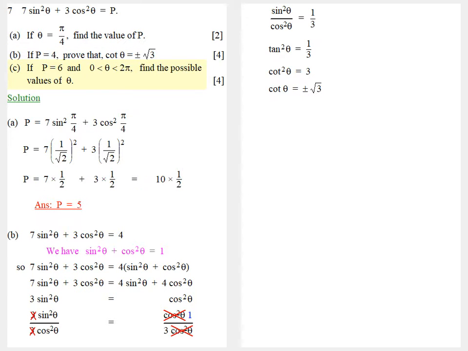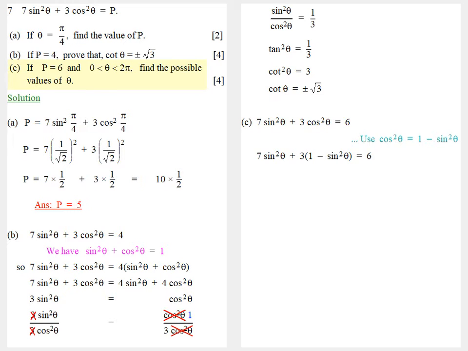Now in part C, we're asked, if p equals 6, and theta lies between 0 and 2 pi, find the possible values of theta. So, we have 7 sine squared theta plus 3 cos squared theta equals 6. Now we can use the fact that cos squared theta is 1 minus sine squared theta.